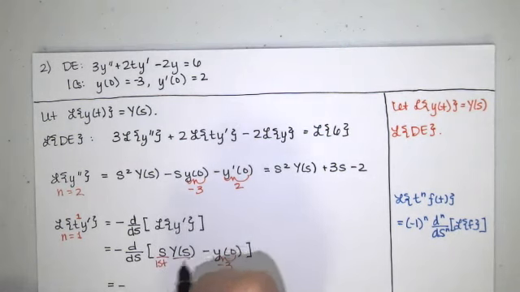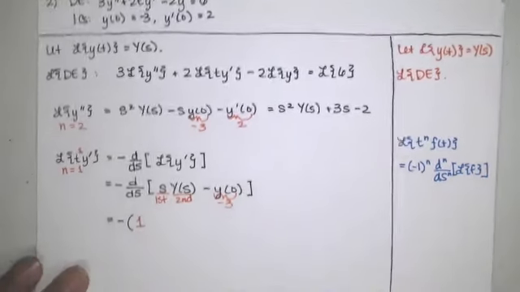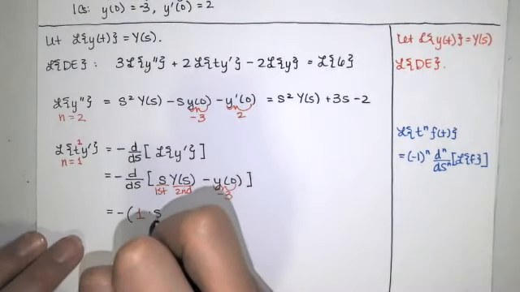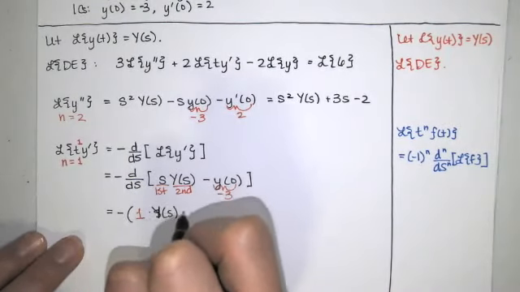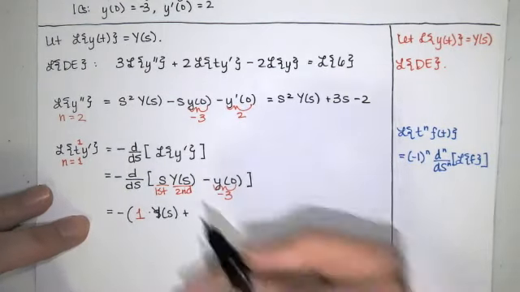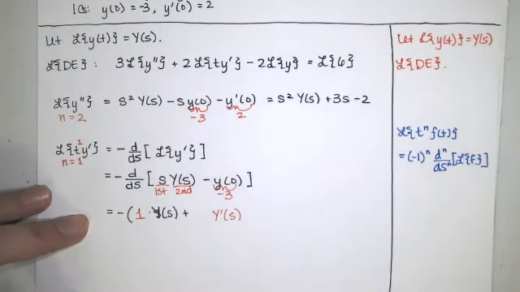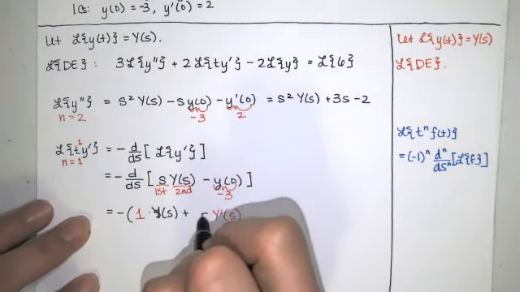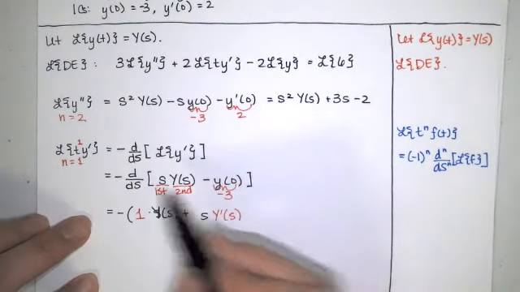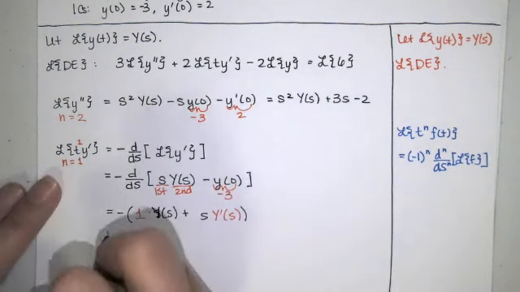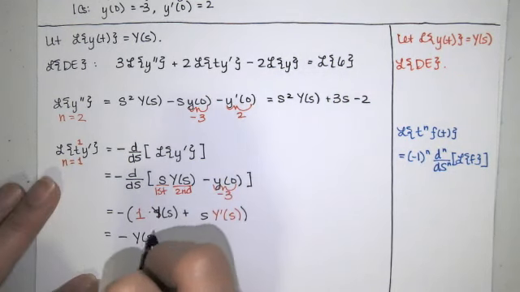This is a function of s times a function of s. So we will have the derivative of the first times the second, Y(s), plus the derivative of the second times the first, plus the derivative of +3 with respect to s, which is just 0. So I would distribute that -1.